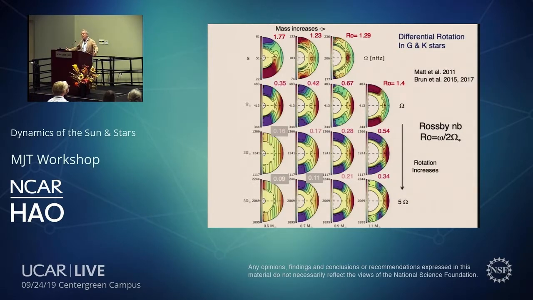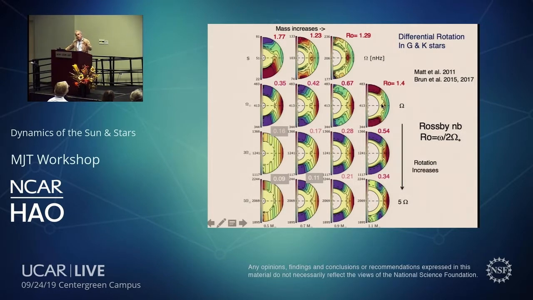So what do we get in this setup of 15 simulations that we have done? What's very interesting is that we have found 3 states of differential rotation in stars. We have found the solar-like differential rotation, fast equator, slow pole, transitioning to solid body rotation. I have to say that all these simulations include a tachocline. We have found a very interesting behavior, which is the anti-solar differential rotation.